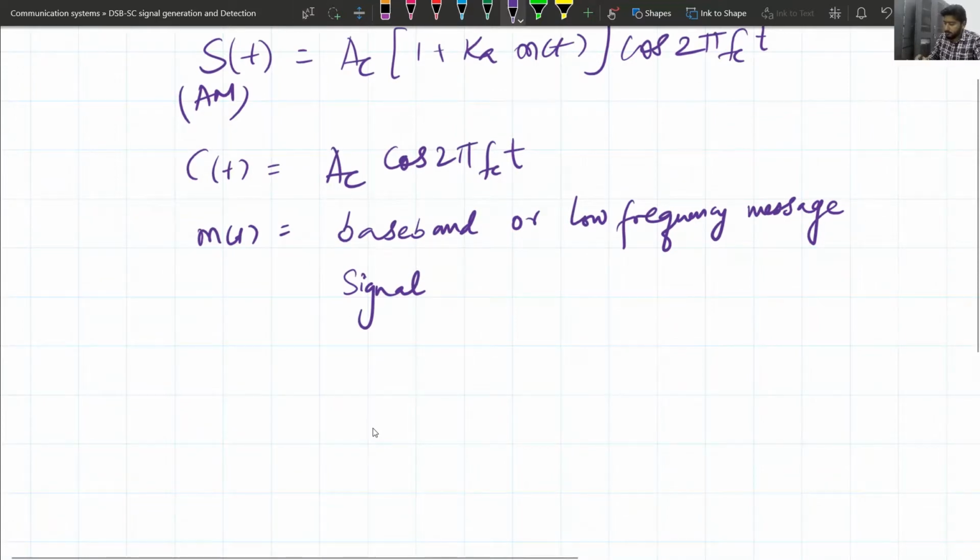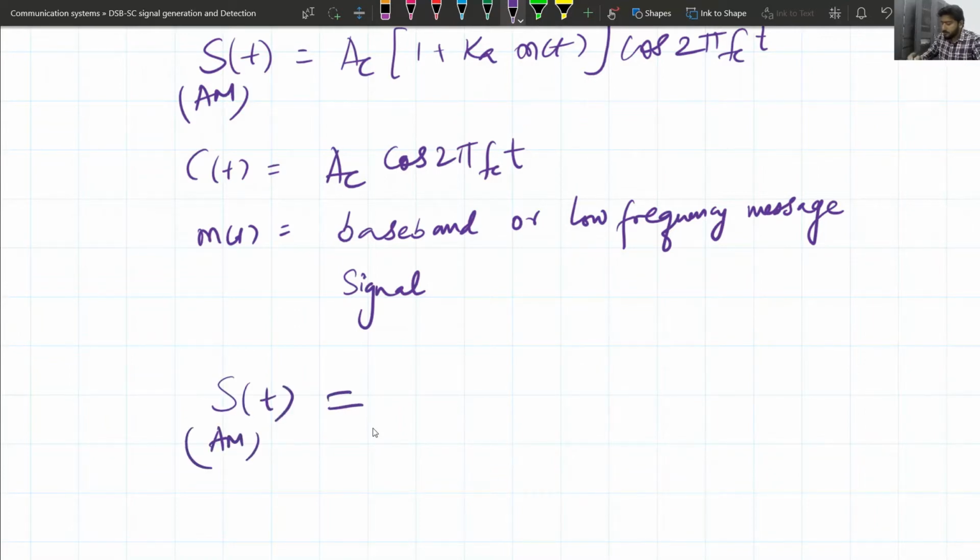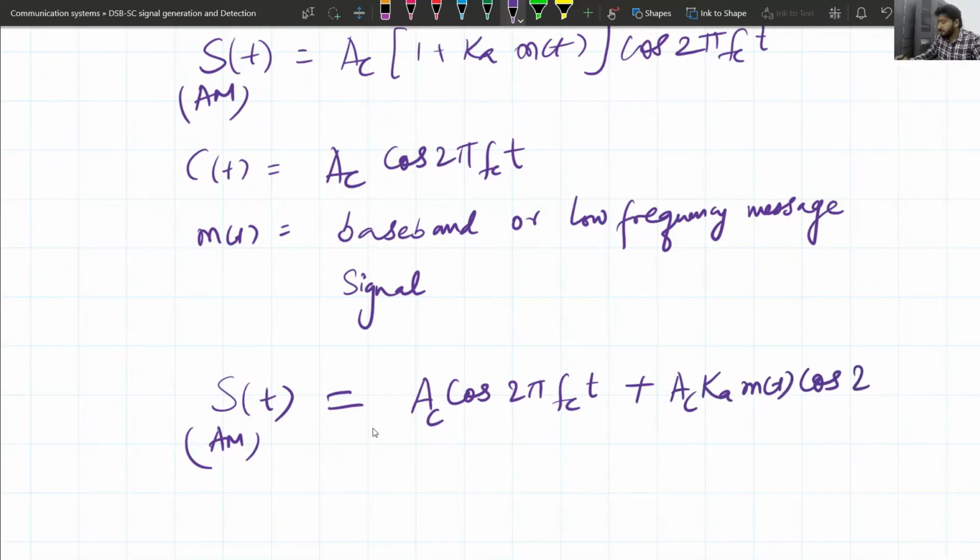Now, rewriting this signal, it will be Ac cos 2 pi fc t plus Ac times Ka times m(t) times cos 2 pi fc t.